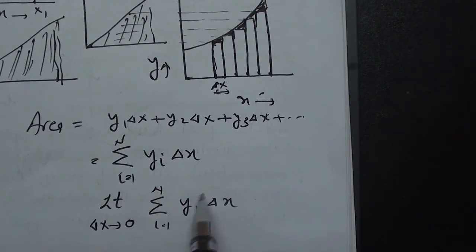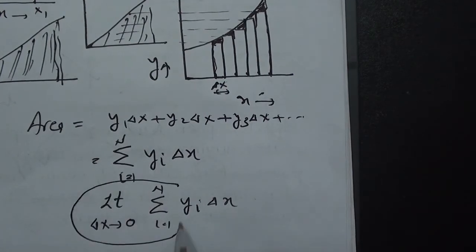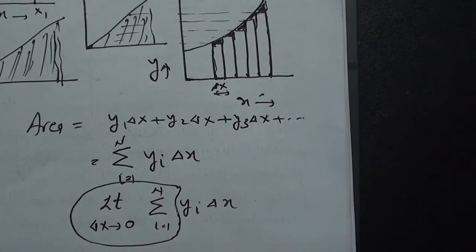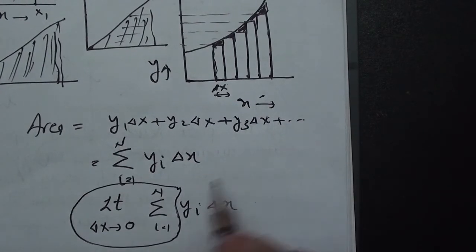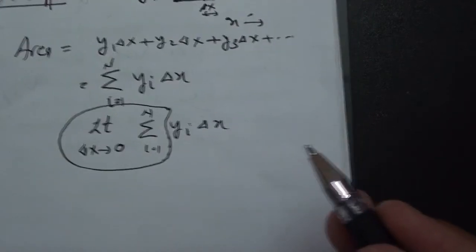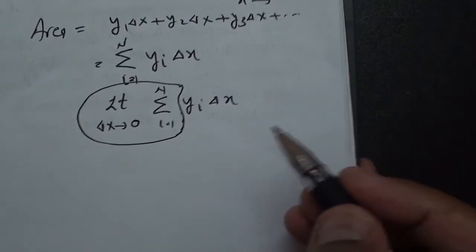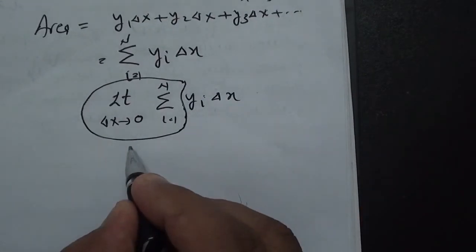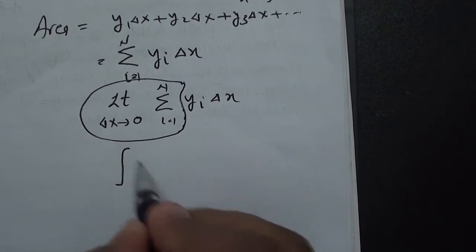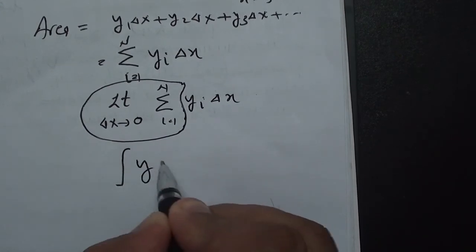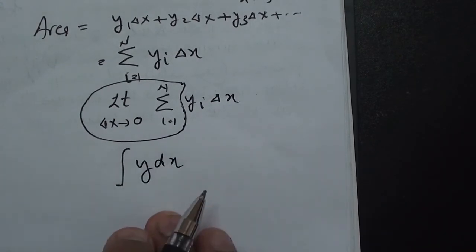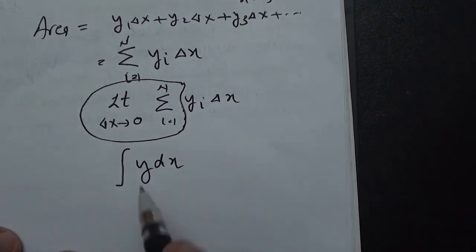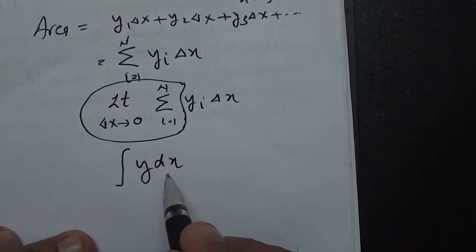But there is another way to write this. That is what we call as integration. So this can be written as this sign. We call this sign as integration and y dx. This is integration y dx.